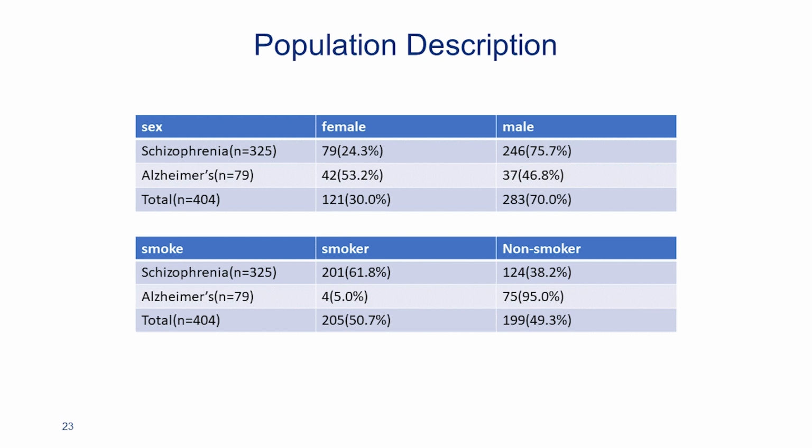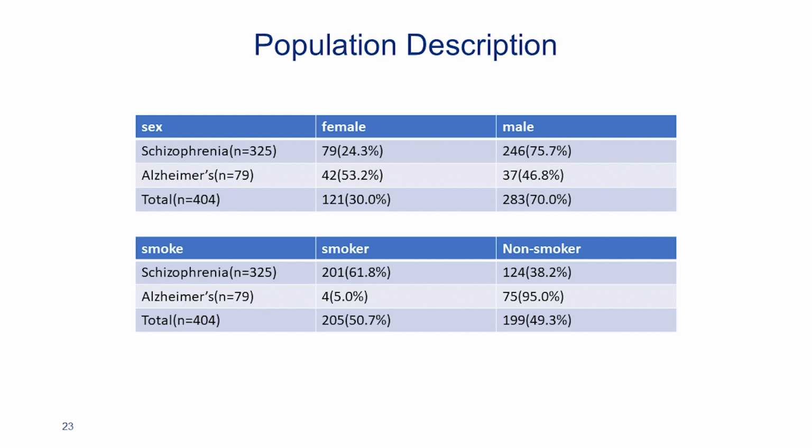Similarly, here we have a table at the top showing the distribution by sex in the schizophrenia and the Alzheimer's arms. We had 404 individuals, with 325 in the schizophrenia arm and 79 in the Alzheimer's arm. In the schizophrenia arm, it was predominantly male, almost 76% of the individual patients. In the Alzheimer's study, it was more evenly split, with actually a slight majority of female patients.